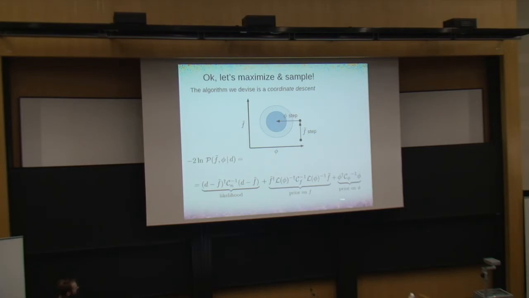There's basically 3 terms. There's a likelihood where you just compare data to the model, the lensed field, with respect to the noise covariance. And then there's a prior on the unlensed field. That's just the CMB power spectra that you stick in. And then similarly a prior on phi. Now if you think about the step in the f tilde, there's no f tilde in this term.